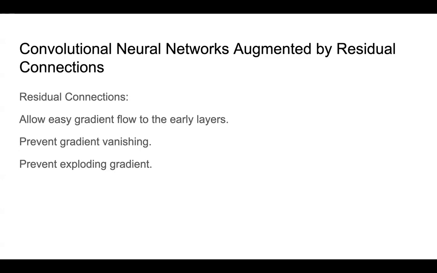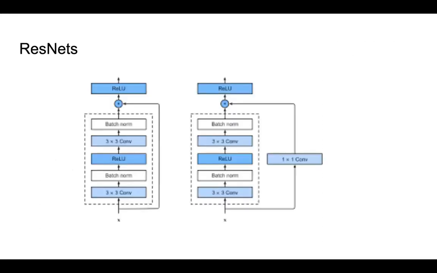With these residual and skip connections, we are able to provide them with the proper gradient necessary for backpropagation and for learning. They may also be helpful to prevent the exploding gradient. So these are the ResNets, and these are the skip connections that we see.